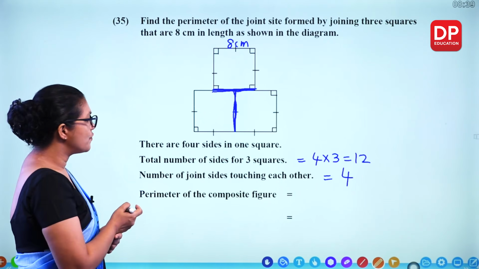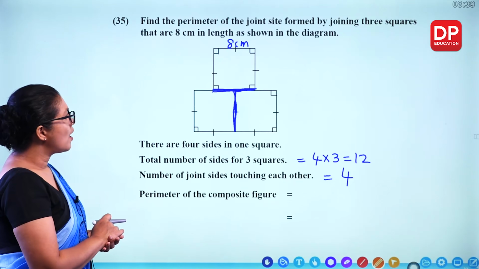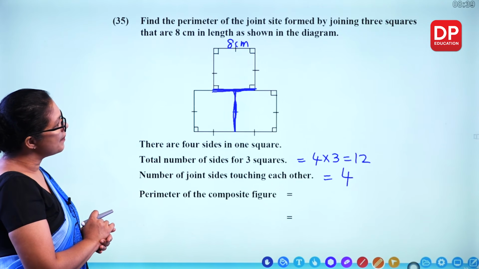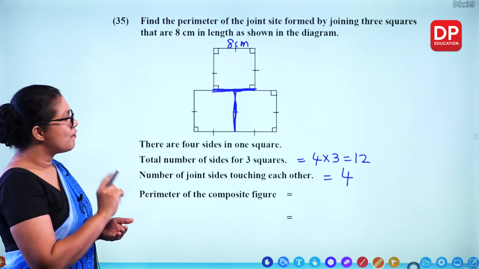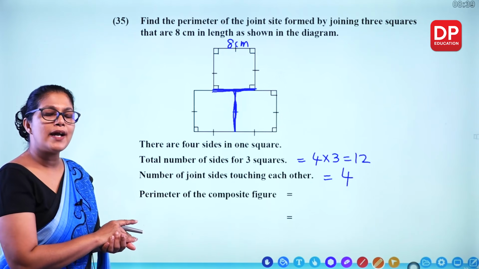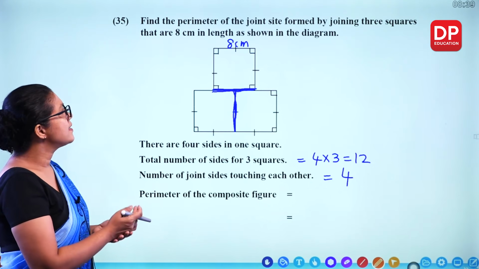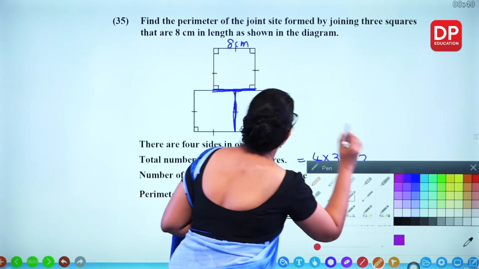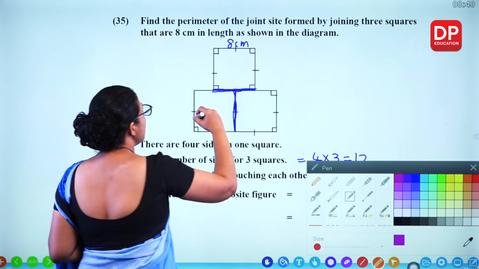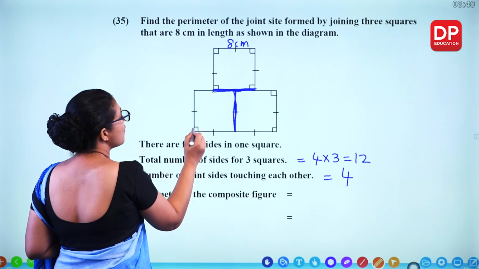So perimeter of the composite figure. Now how many sides altogether? Earlier 12 sides, 4 sides inside. Now 12 minus 4, 8. 8 times 8. But we'll check that out by finding lengths outside, starting from one place.